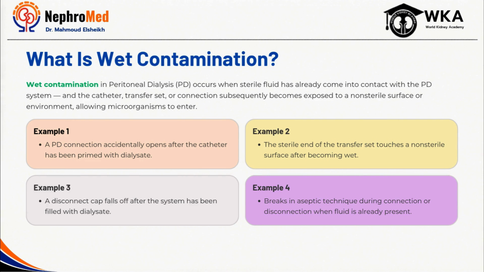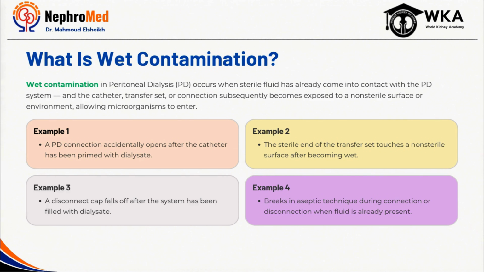Let's look at a few real life examples. The first one: a PD connection accidentally opens after the catheter has already been primed with dialysate. At that moment, the sterile pathway is exposed directly to the environment. Second, imagine that the sterile end of the transfer set accidentally touches a bed sheet or the patient's clothing after it has become wet.